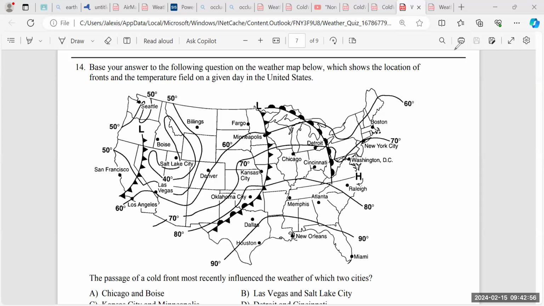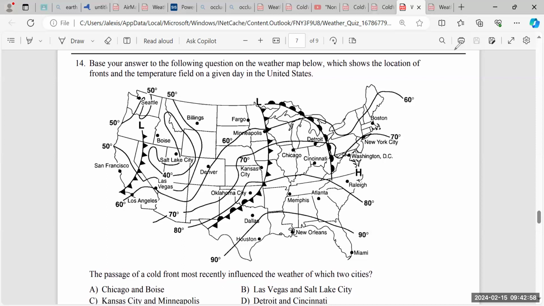I see Minneapolis, I see possibly Fargo, I see Kansas City, Oklahoma City, and I even see San Francisco. These are all cities that are literally right behind a cold front.